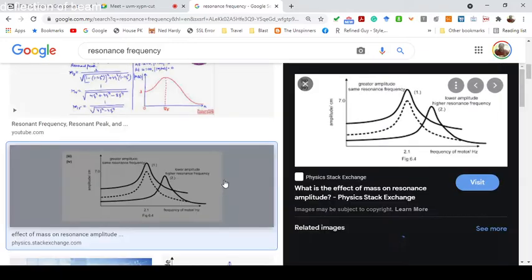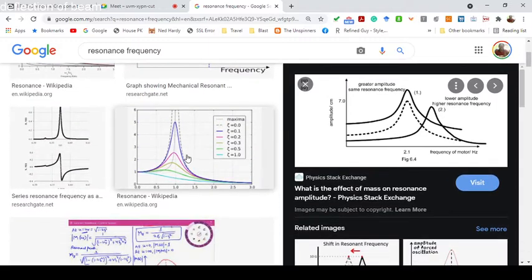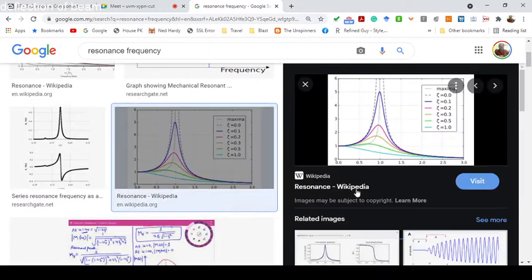When both are combined together, like say this wave and this wave happen to combine together, what happens is that it will become an amplitude like this.